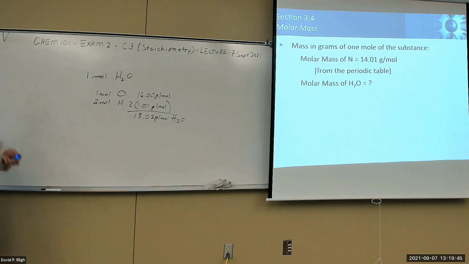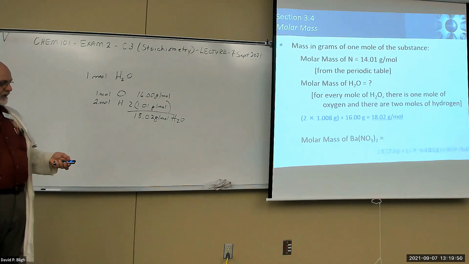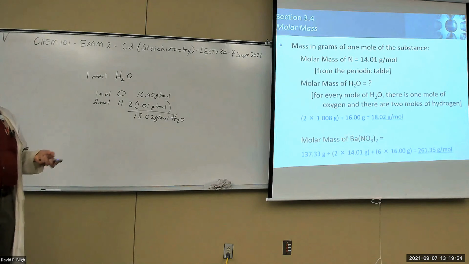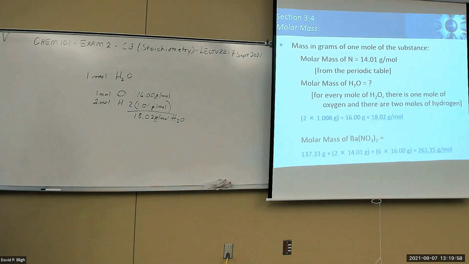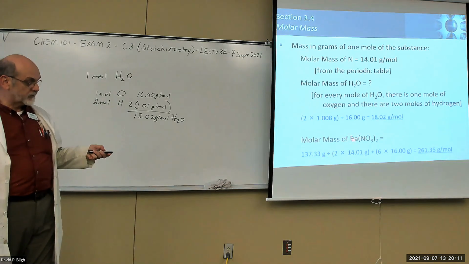We'll do another example. How about this one? That's a big one. Barium. Where's barium? It's an alkaline earth. So it's going to be over here, way down there. 137.33. You've got one of them, right?